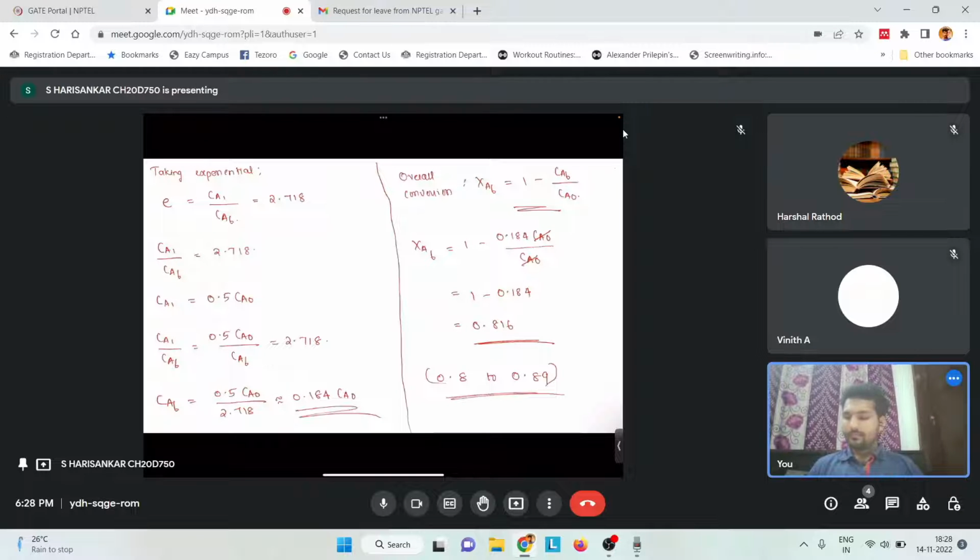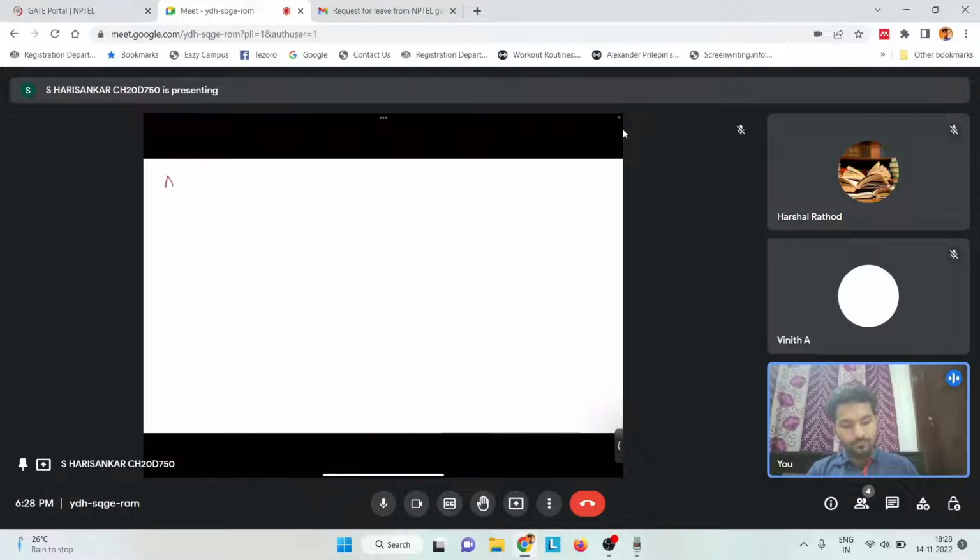So this is basically just a straightforward application of the design equations. Because we don't have all the values here, we'll have to take a lot of variables. For example, the CA0, CA1, we don't have the values for this. So we'll have to take variables and do it. Or what you can also do is you can just take an assumption, like assume a value for CA0.